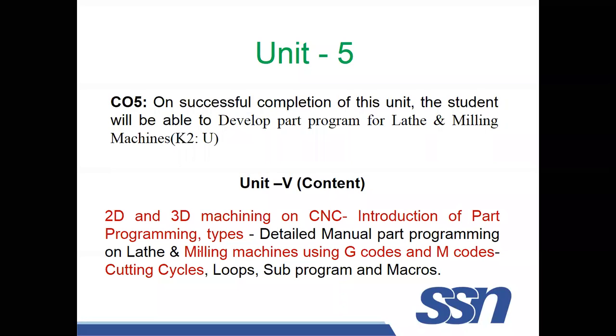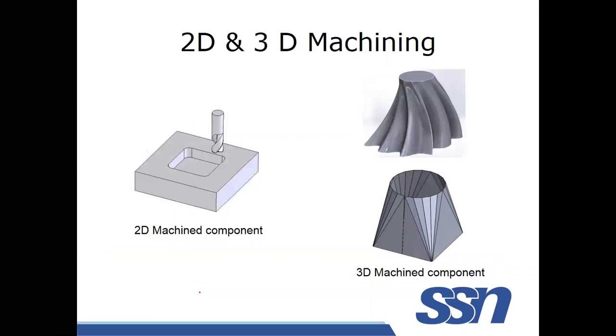This PPT contains the font shown in red color. Okay, 2D and 3D machining, you can see. So this picture we have already seen. In 2D machining, the CNC table will be moving in X and Y direction. In addition to that, the tool will be moving in Z direction. Sometimes it will be stationary.